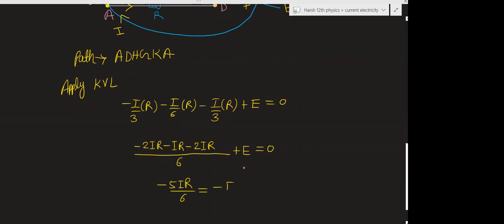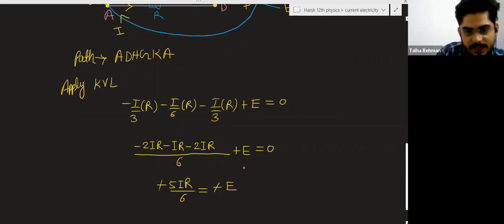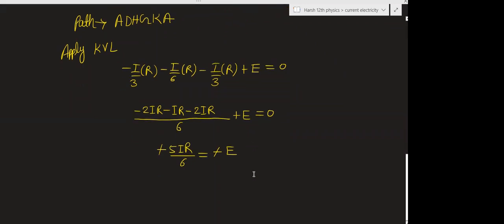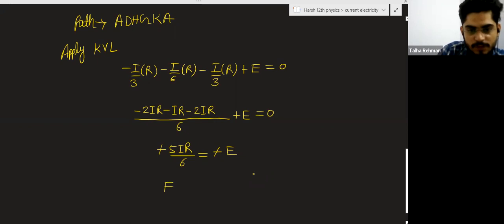If you take this to the other side, the minus will cancel out. Just take the ratio of total voltage to total current, and you will get the equivalent resistance. E divided by I, you will get 5R by 6.